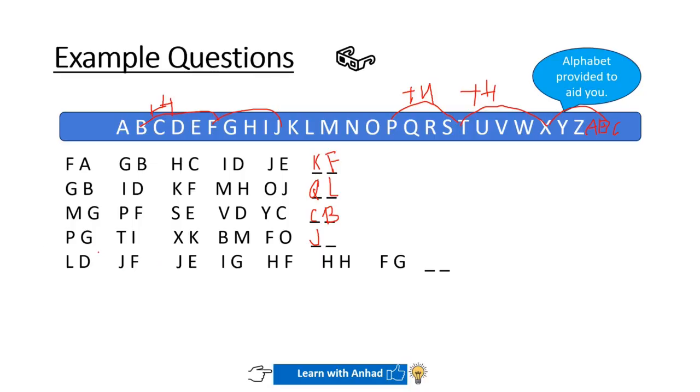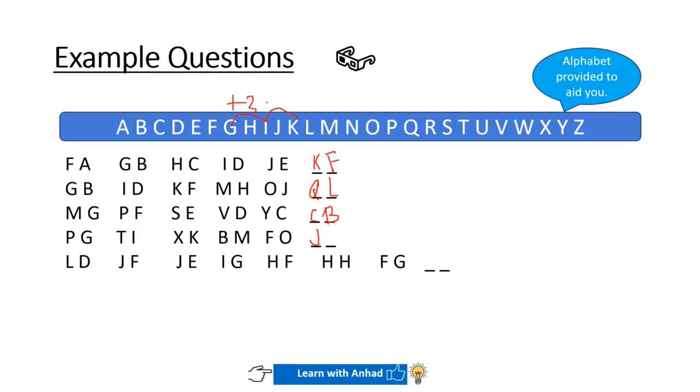And then we have to do the same thing for the second sequence, as you know. The second letter. So G. Okay, wait, let me rub this out. Sorry. Okay. Anyways, G to I would be plus 2.